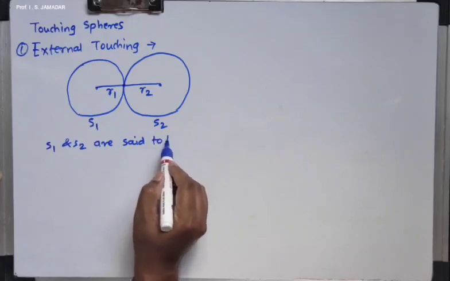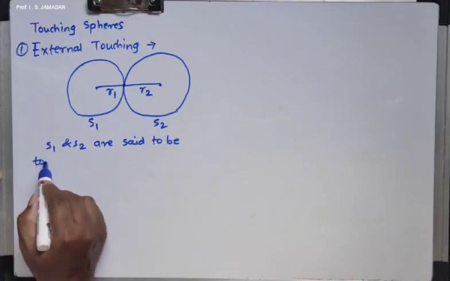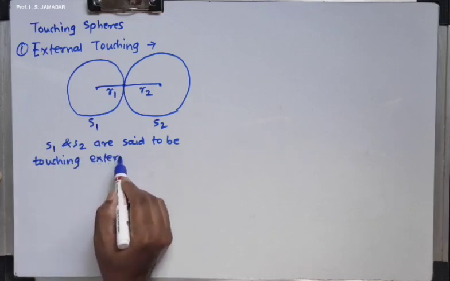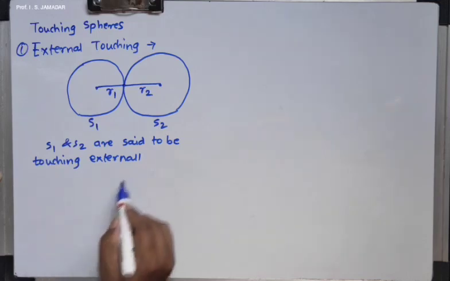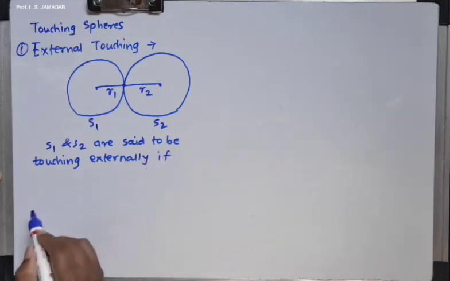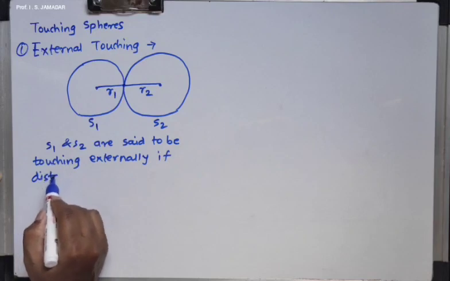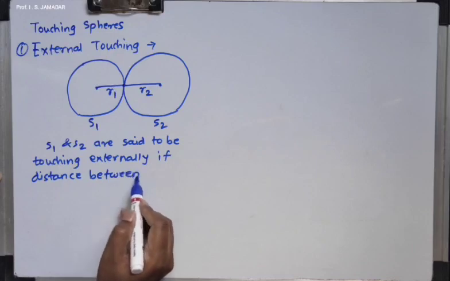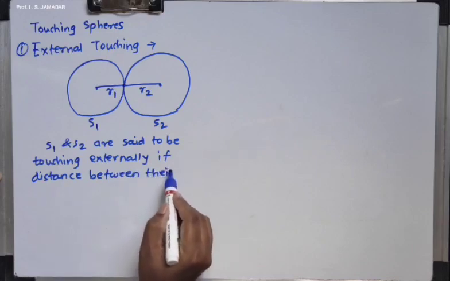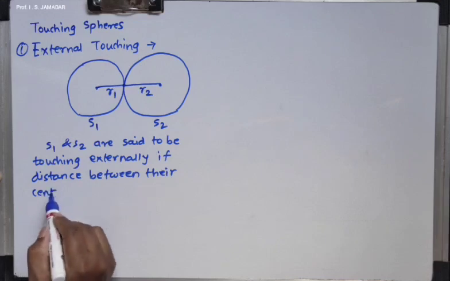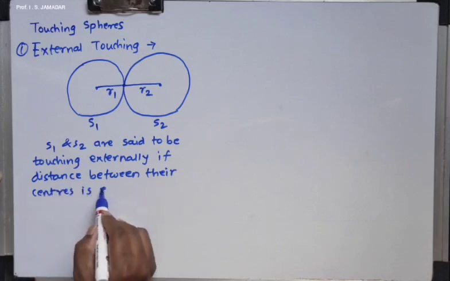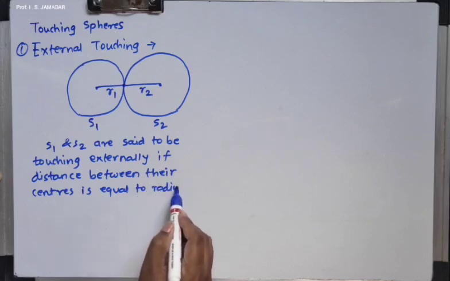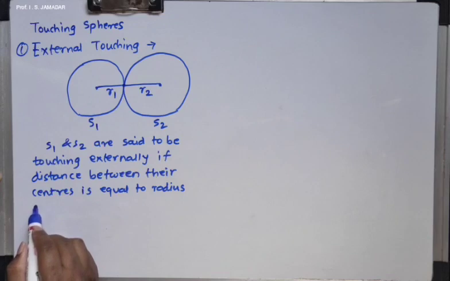So these two spheres S1 and S2 are said to be touching externally if the distance between their centers is equal to the radius sum.